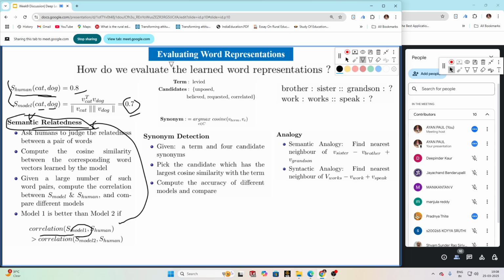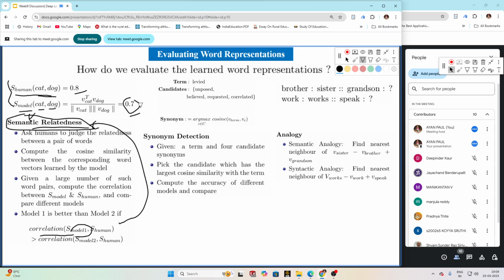Again, we have already made the model, and now the idea is how to evaluate it. The first task is semantic relatedness. Semantic is something related to meaning. We know cat and dog are animals, so they must be similar in some way. We tell our model to decide how similar cat and dog are, and it gives 0.7.